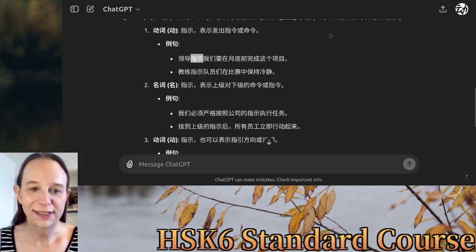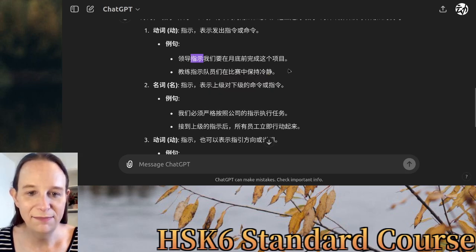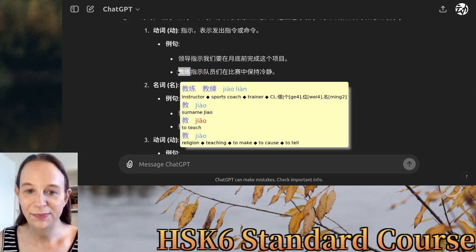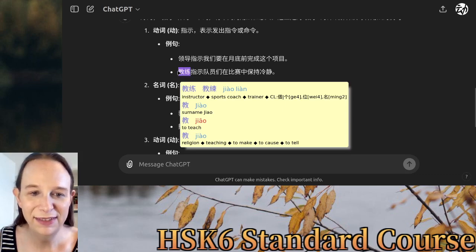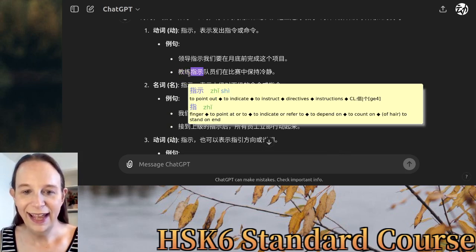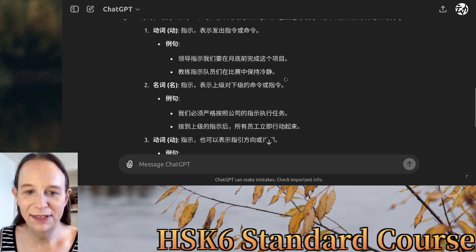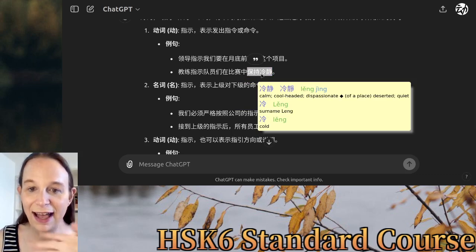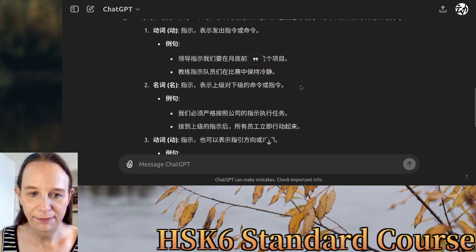So this is instructions, so the leader instructed us to finish the project by the end of the month. 月底教练指示队员们在比赛中保持冷静. Yeah, so the coach or the captain of the team, whoever's in charge of the team, I think it's a coach, indicated or instructed the team members during the competition to maintain their 冷静, their calm, cool disposition.